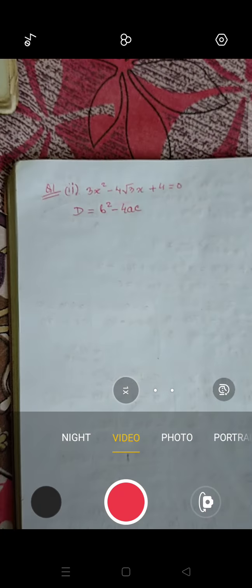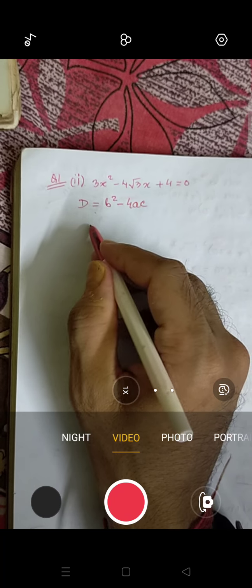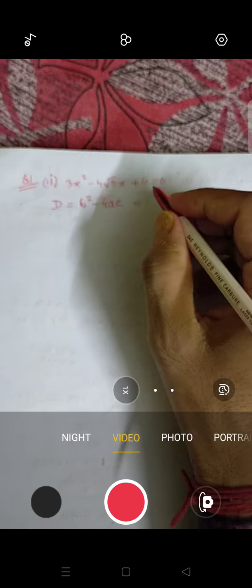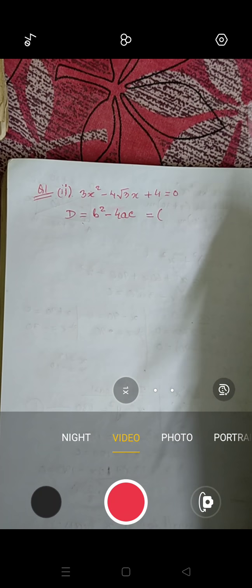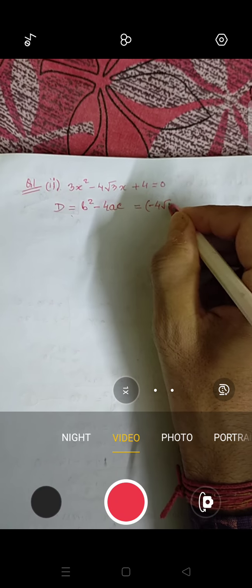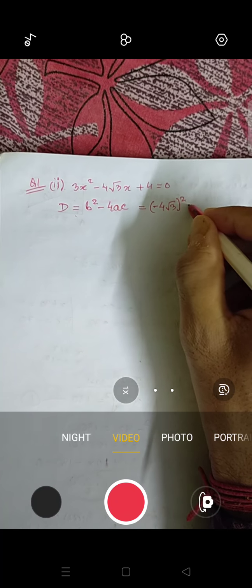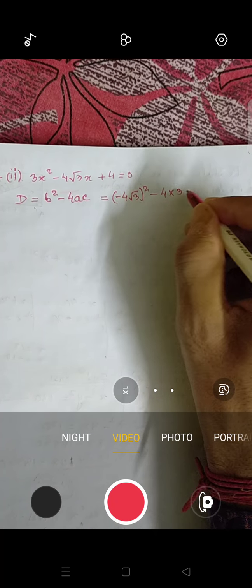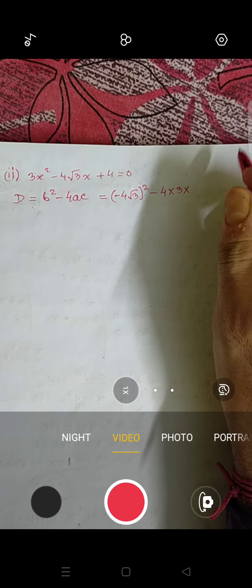I'm writing it here, okay? You can write at the bottom. I'm saving little page. You can continue from here. So b, what is b here? Minus 4 root 3 whole square minus 4 into a. What is a? 3. And what is c? 4. Yes.